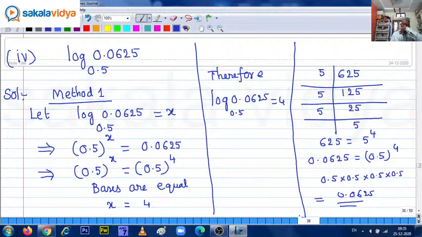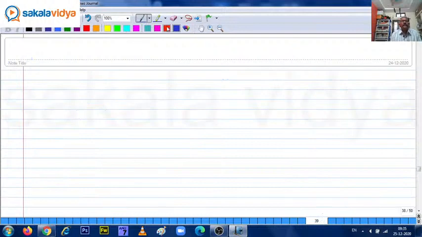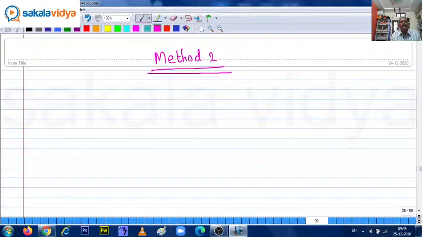Let us move to method number 2 for this one. Consider log of 0.0625 to the base 0.5.